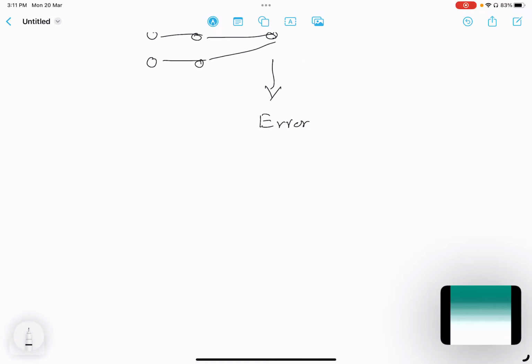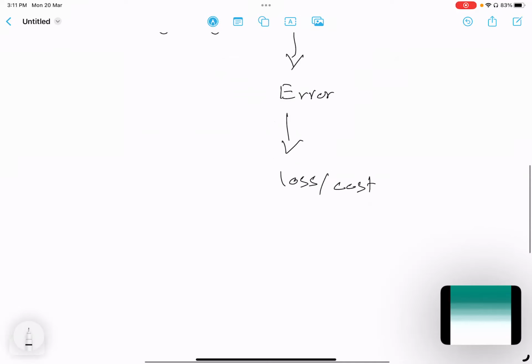And how can we calculate the error of the model? The loss function or cost function is responsible for calculating error in the neural network. There is no fixed loss or cost function like root mean square.